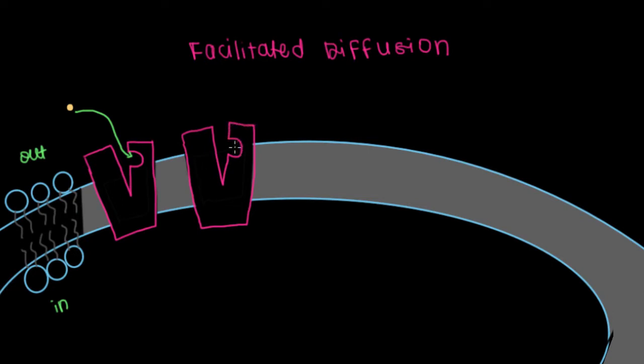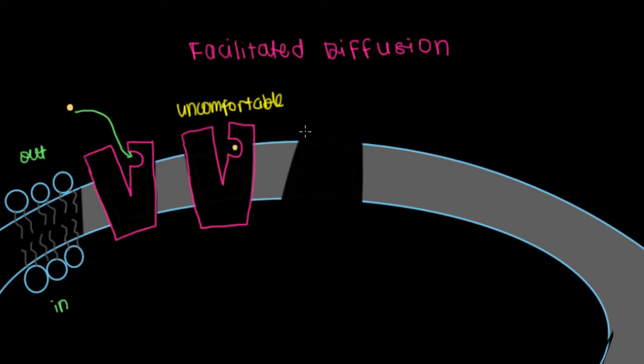And what happens is that now that our chloride is sitting here, we've made this chloride channel uncomfortable. It doesn't want to sit like this now because now that we're holding the chloride ion, we want to change our posture. And so what happens is that our protein will actually snap and change its shape. It'll snap in such a way that it'll flip.